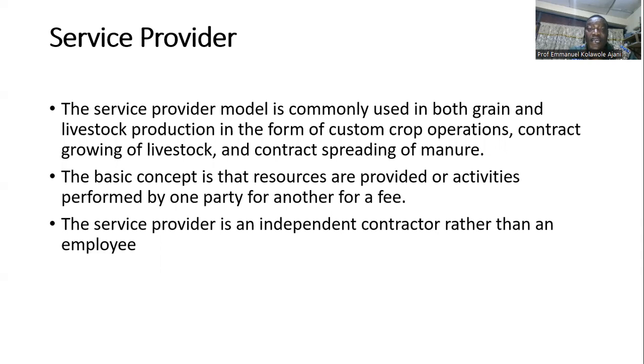The service provider model is commonly used in both grain and livestock production in the form of custom crop operations. In livestock production, fish production, if you have the feed mill, people selling maize, fish meal, and some others will be supplying the farmer with grain, the maize.